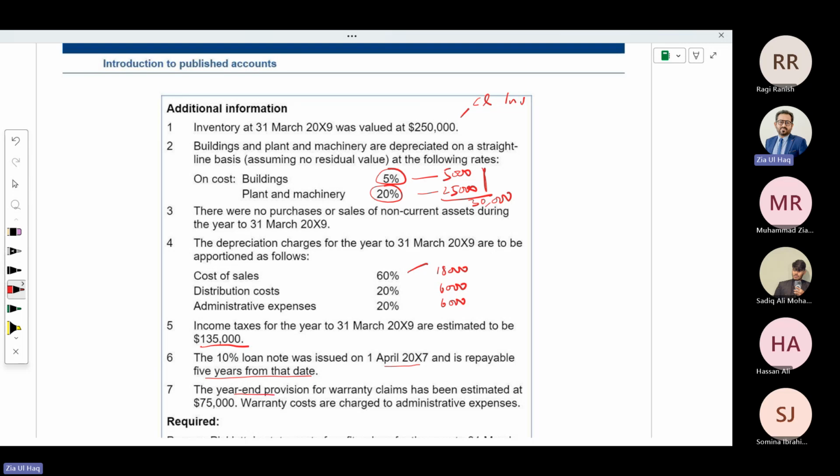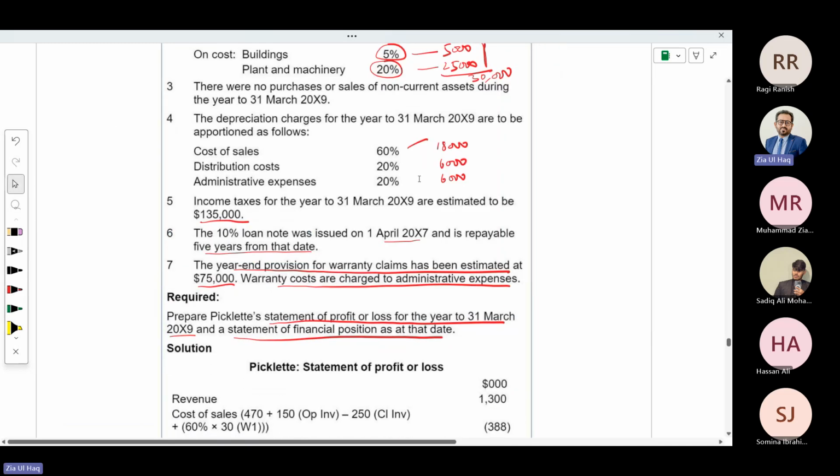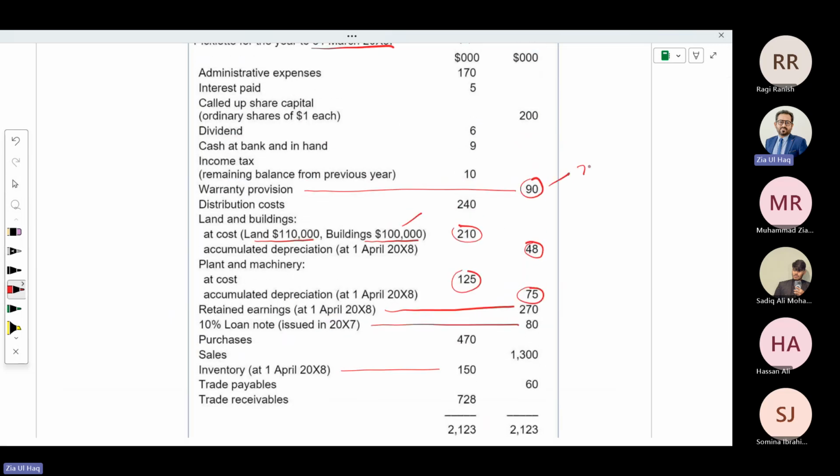The year-end provision for warranty claims has been estimated at 75,000. Warranty costs are charged to admin expenses. How much warranty do we find here? 90. That means the company created a provision of 90, but for the year, warranty claims were 75. This means in the balance sheet we need to show a warranty provision of 75.